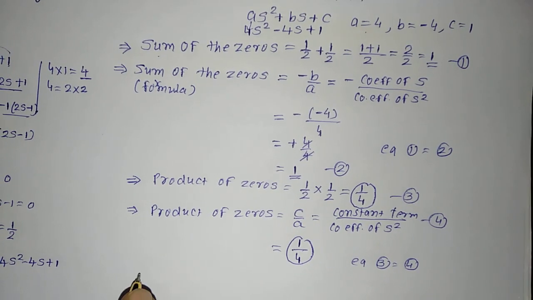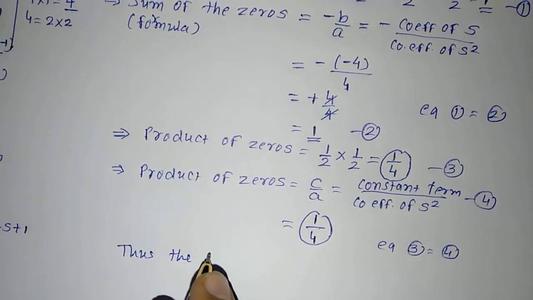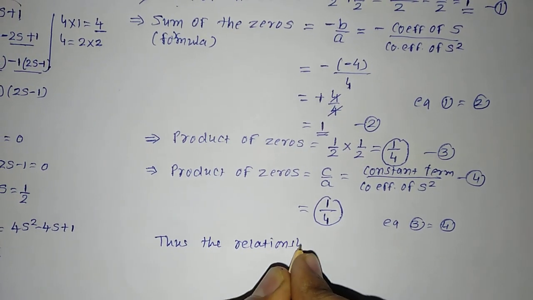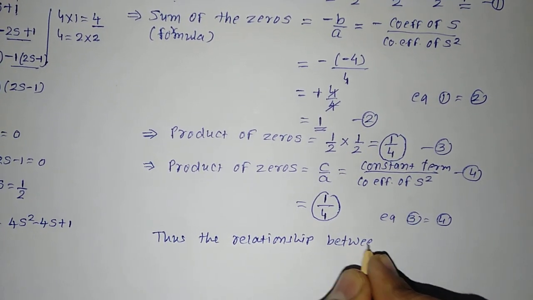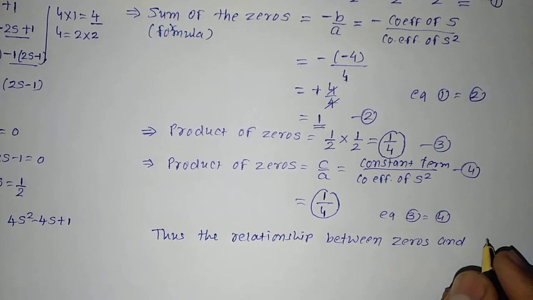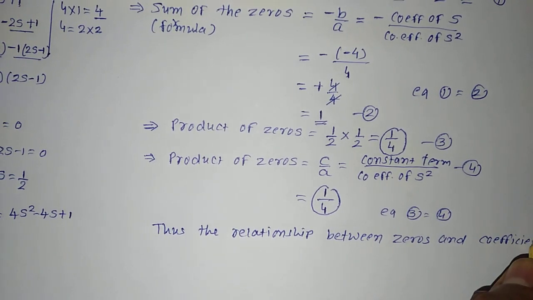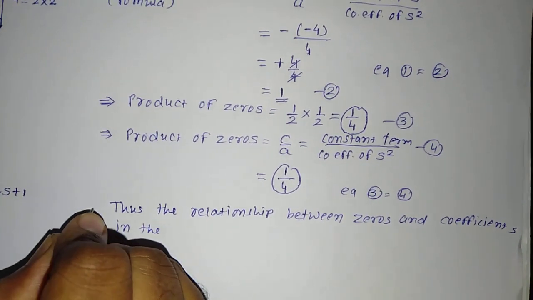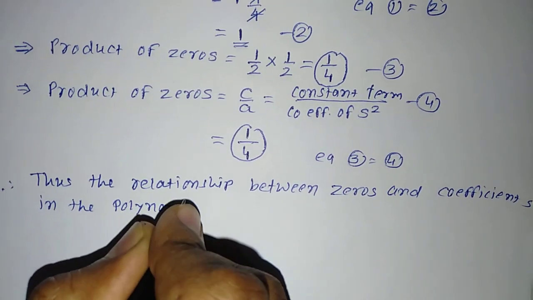I can write it here that thus the relationship between zeros and coefficient in the polynomial, which one is the polynomial?